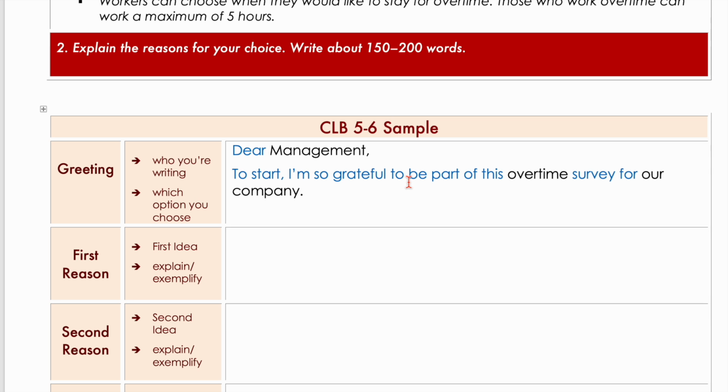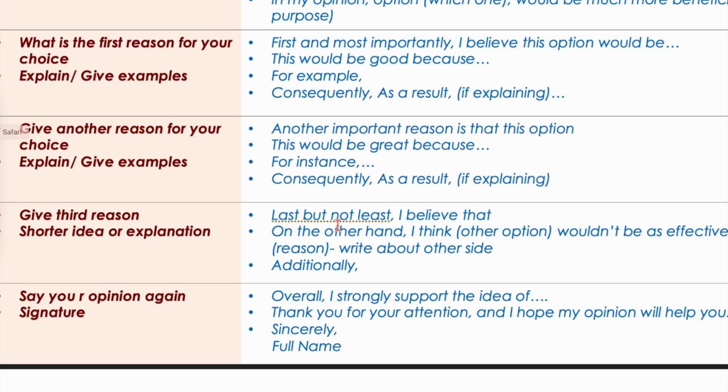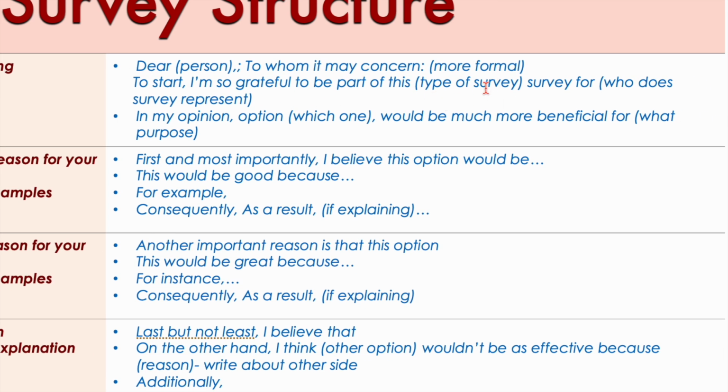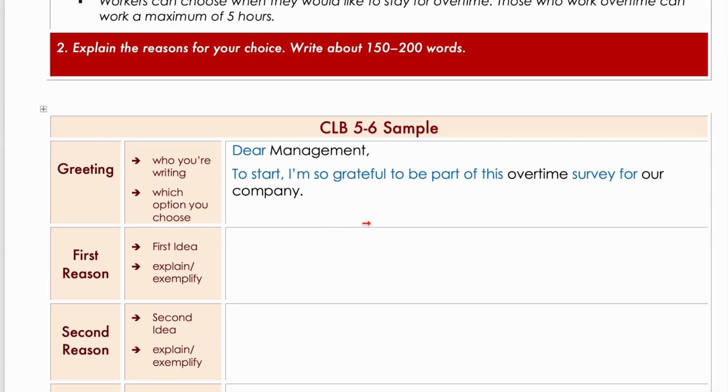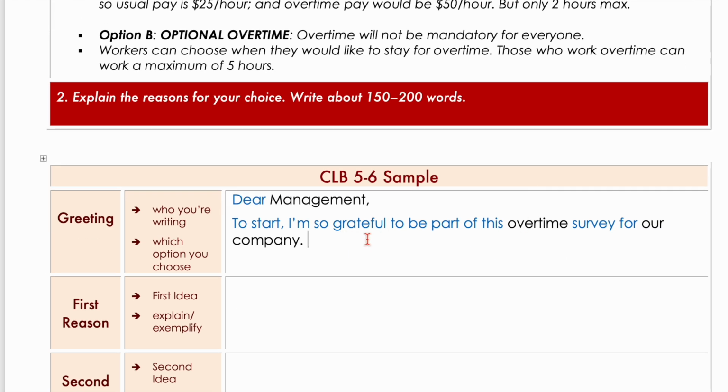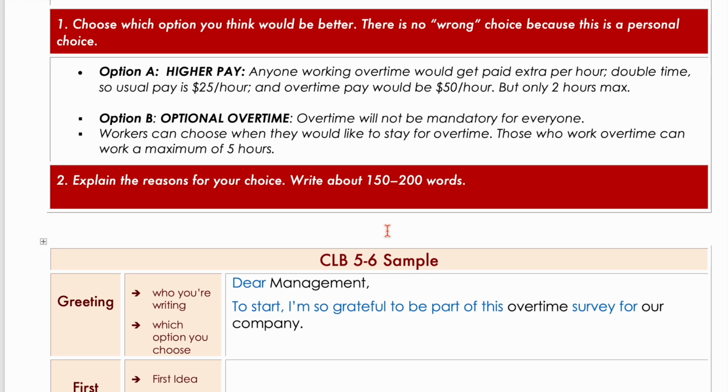These words we can use for any survey response. And again, I'm just getting those from my structure. To start, I'm so grateful to be part. You see, it says there. Okay. So, overtime survey for our company.